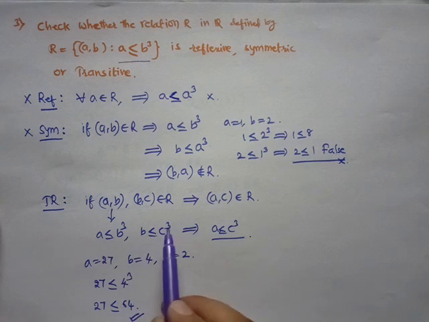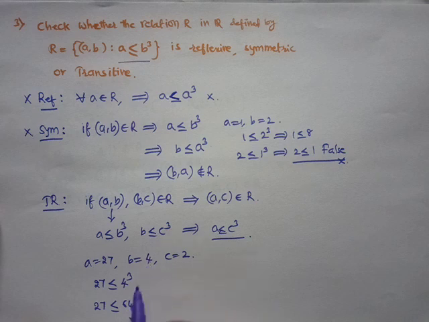And b ≤ c³: 4 ≤ 2³, which is 4 ≤ 8, also right.